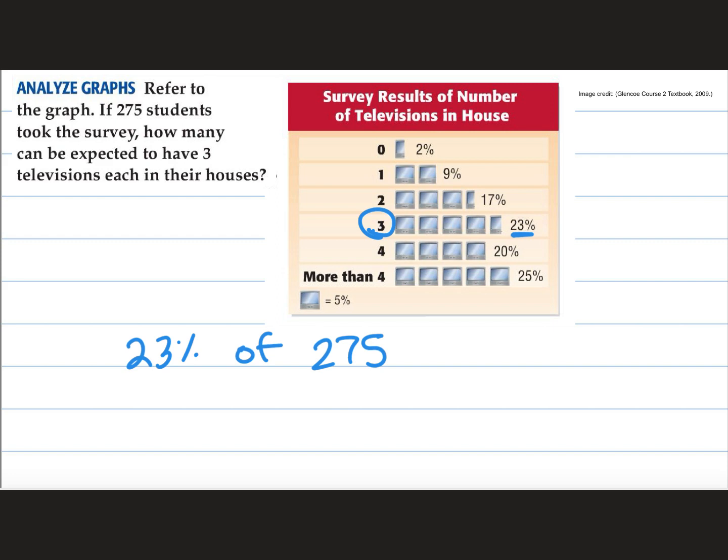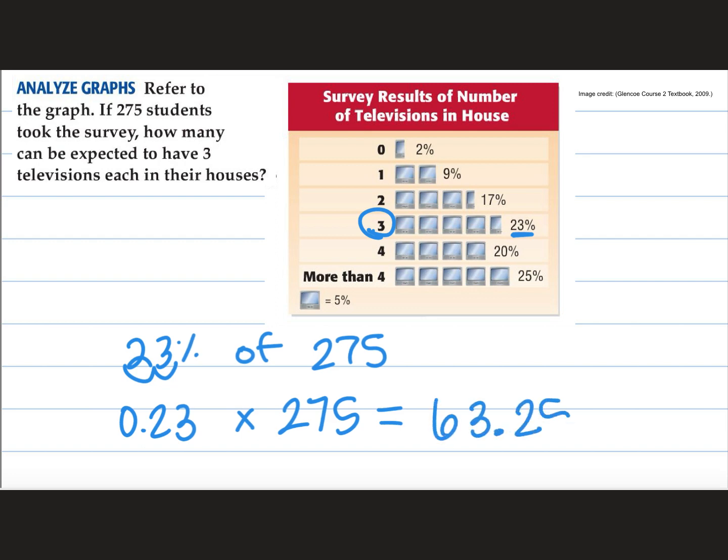So then I can solve this by multiplying and turning my percent into a decimal, and multiply that by 275, which is 63.25. So we would expect that about 63 students said that they have 3 TVs in their house.